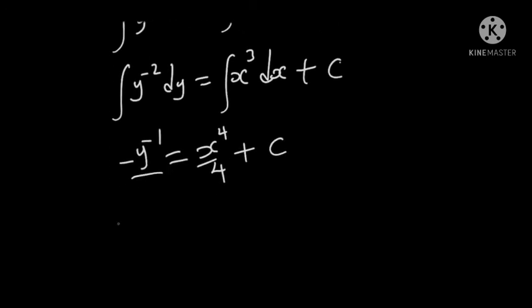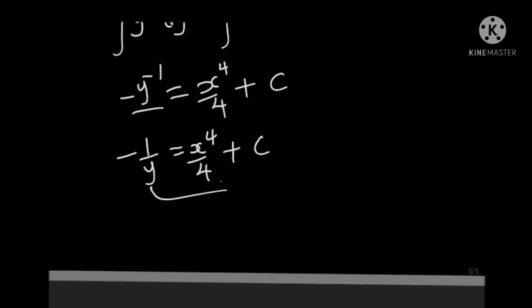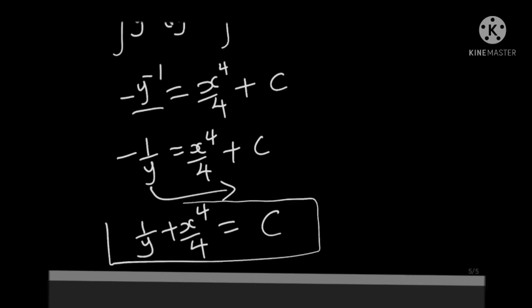This can be written as minus 1 over y equals to x to the 4 over 4 plus c. We can take this one to this side, so we have 1 over y plus x to the 4 over 4 equals to the constant c. And this is the required general solution.